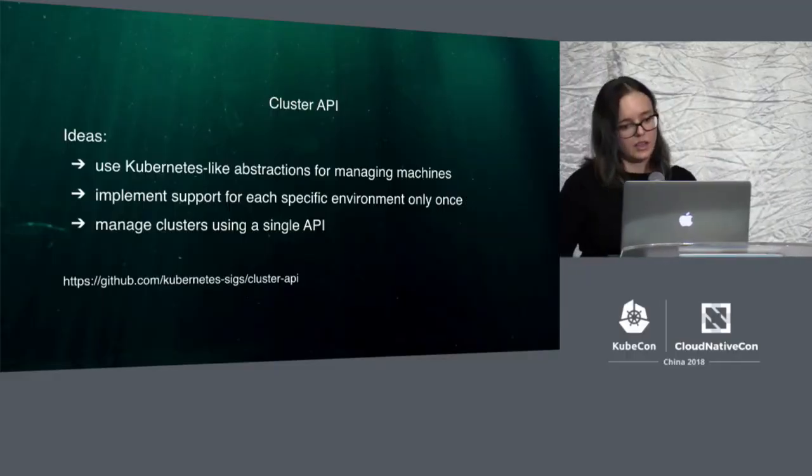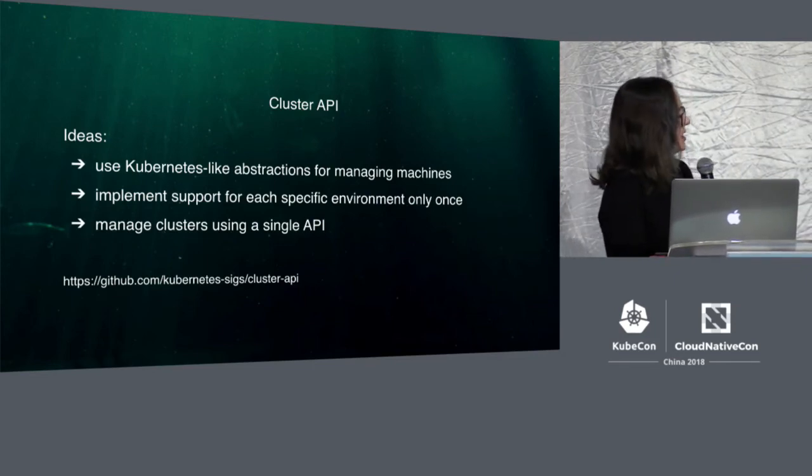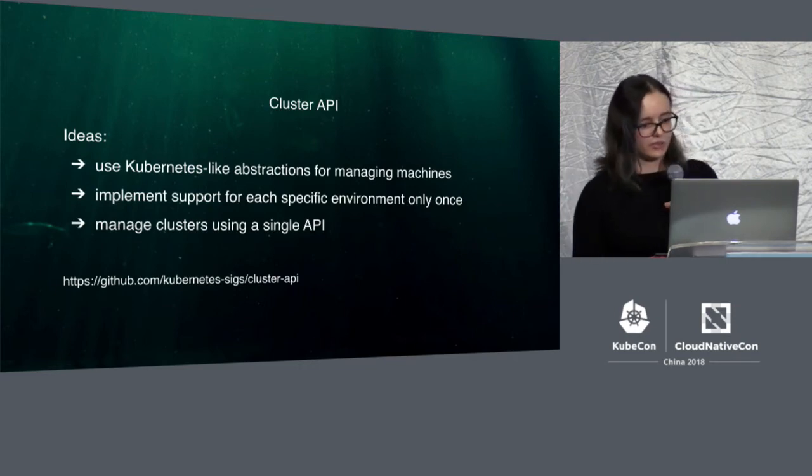If you implement Cluster API for your cloud, then any component that wants to manipulate your cluster, the resources, the machines, can just use it and doesn't need to have the specific code. So maintaining that code becomes much easier because it's contained in one place. And also, if you have clusters deployed on different clouds, you can manage them using a single API with many implementations, each for a different cloud.